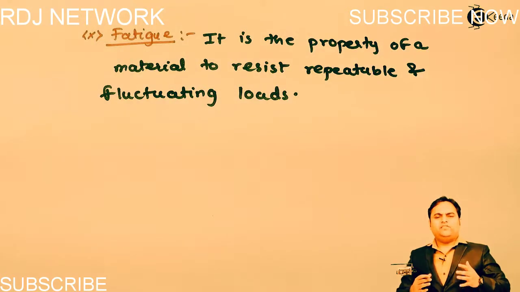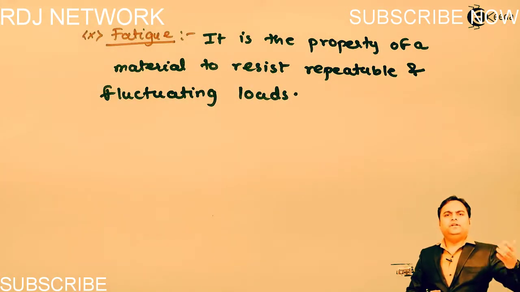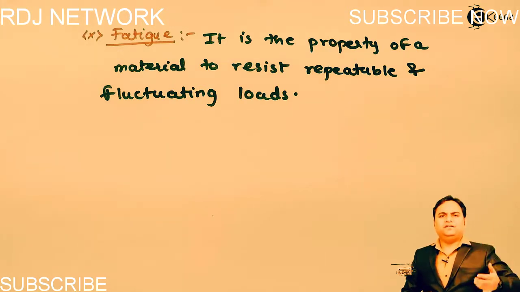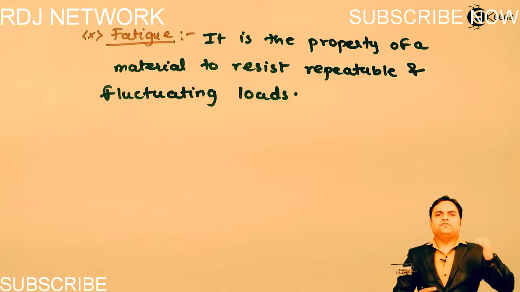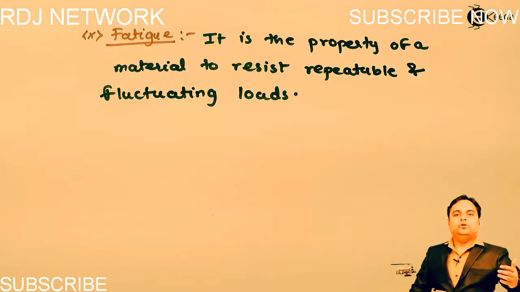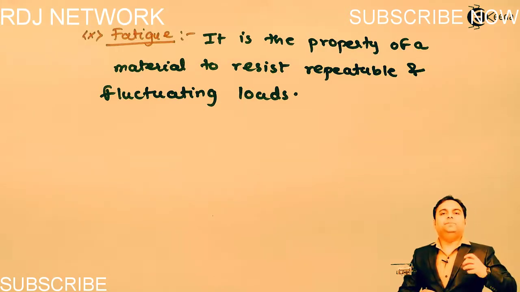It means if we have a machine or an element on which the load is repeatable, that is it is repeated in a cycle, and also it is fluctuating, the load is constantly changing from minimum value to maximum value, then what happens? The material would be fatigued and it will break.